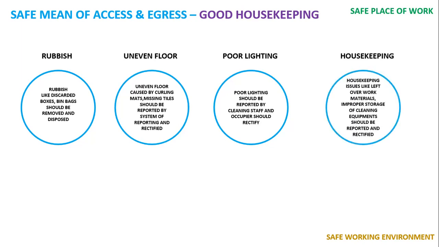The housekeeping issues like leftover work material and improper storage of cleaning equipment should be reported and rectified. So these are the good housekeeping measures by which a safe means of access and egress can be attained.